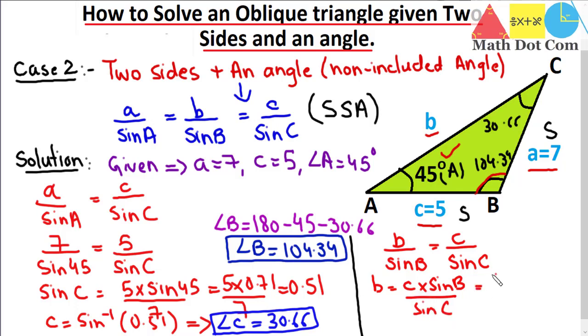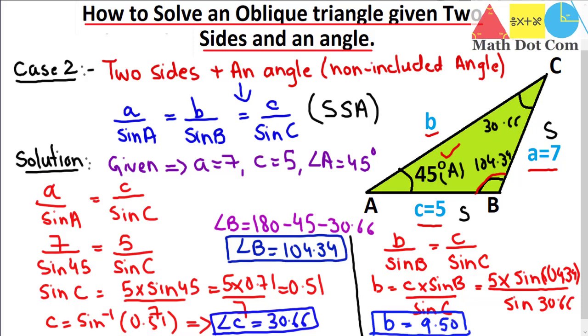C is 5, multiplied by sine of 104.34, divided by sine of 30.66. Once you solve it, you will get side B equals 9.50.